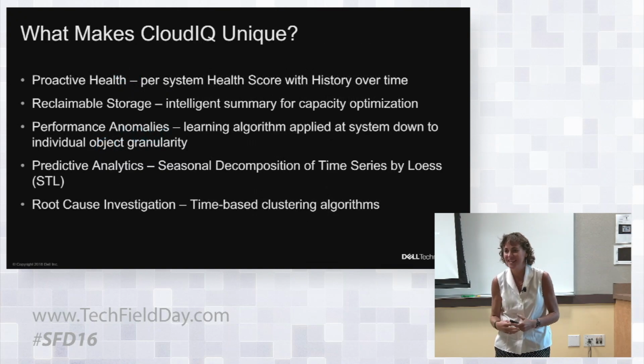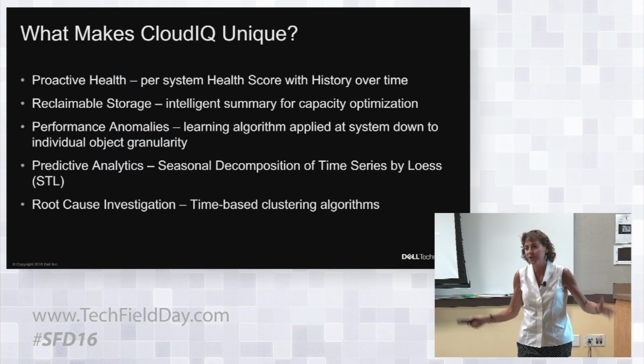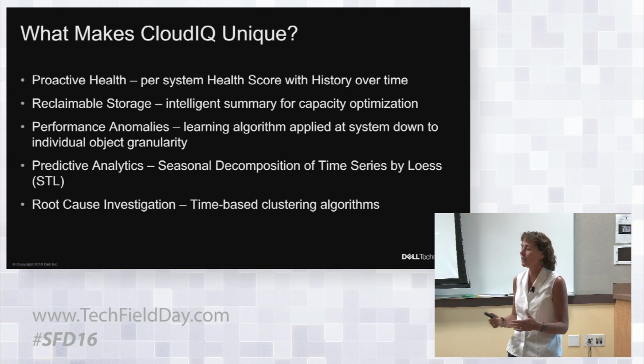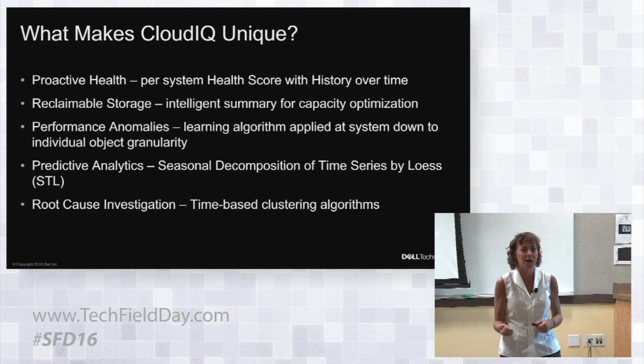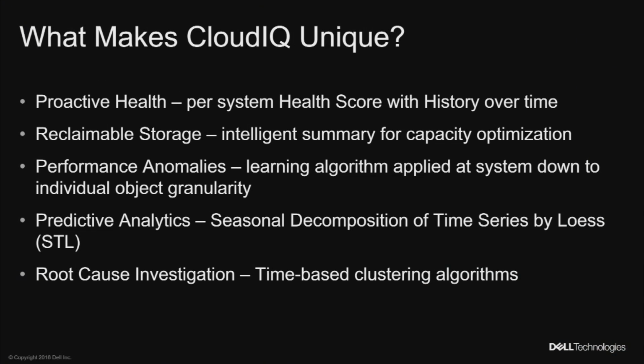That's great. So the whole thing that I want to summarize here is I've talked a lot about differentiations with CloudIQ. Just to summarize these key things, the proactive health. I know that there are versions of this in the marketplace, but being able to provide both the per system health score that we just talked about, plus being able to provide the history over time that I'll show you in the demonstration.